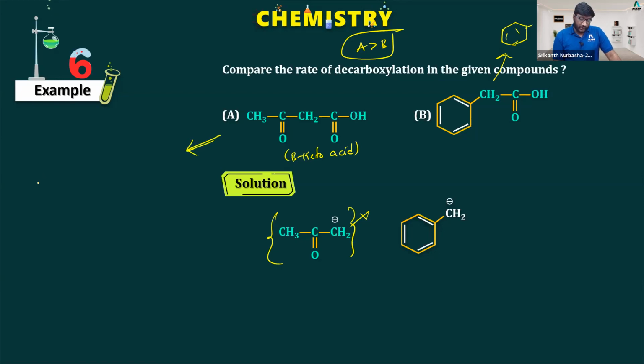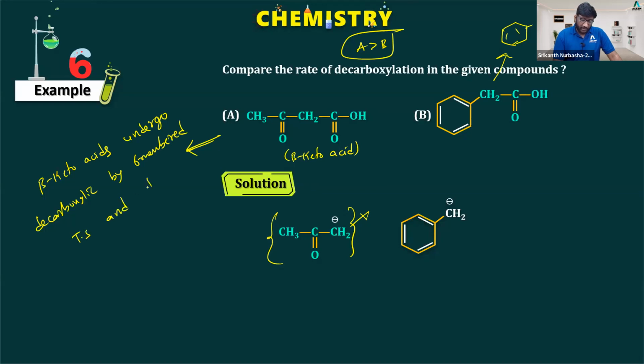Beta keto acids undergo decarboxylation by 6-member transition states, and their rate will be very high.